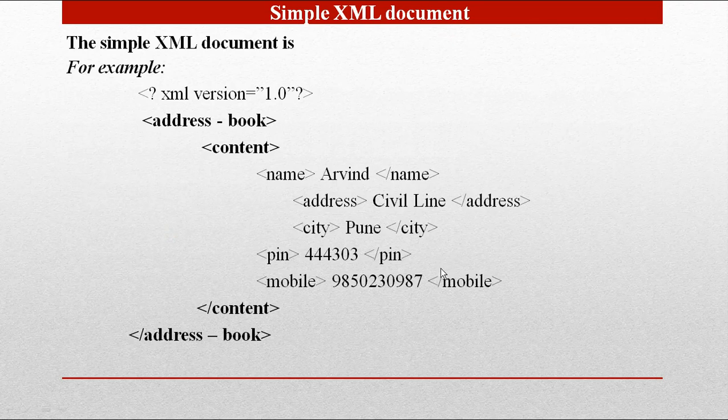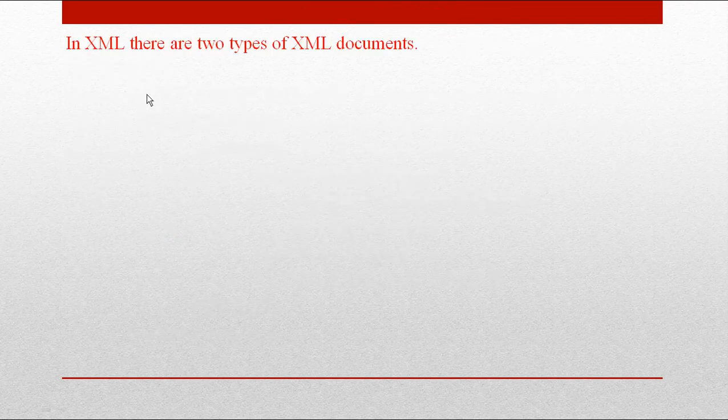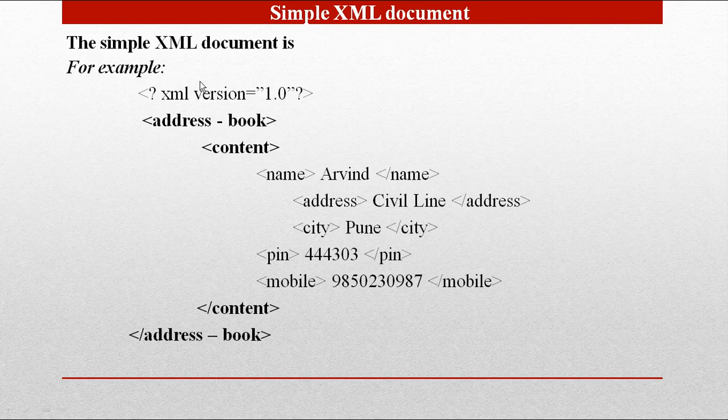So this is the simple XML document. Okay, this is the structure of simple XML document. First line, here we write XML version 1.0 and then question marks. So address book is our root tag, and under the address book tag there is a content tag.